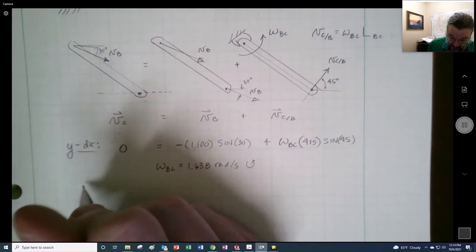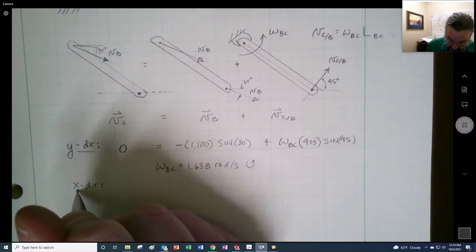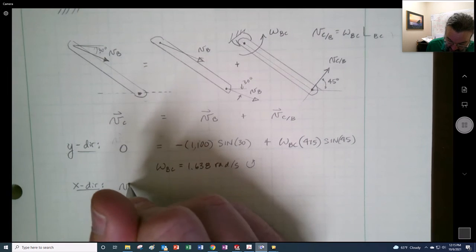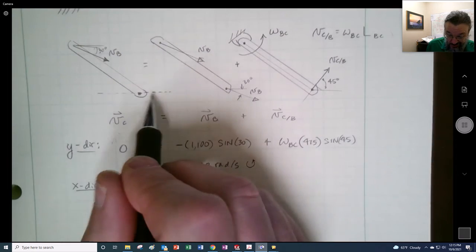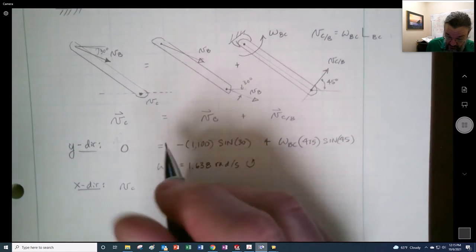So now what we could do is go to the x direction, and we have the entirety of VC, and I didn't choose what direction. I didn't even draw the arrow onto the thing. We could just write that VC is right there. We didn't know which way it's going to go.